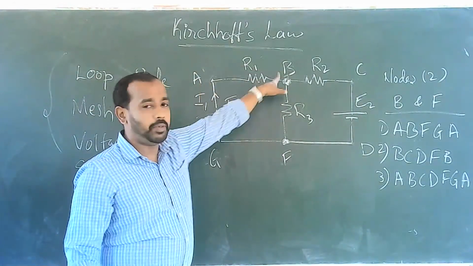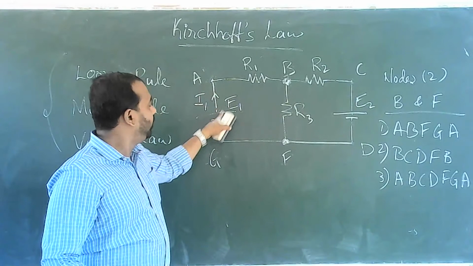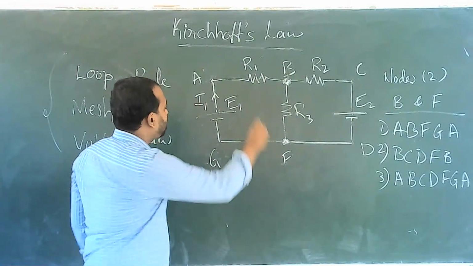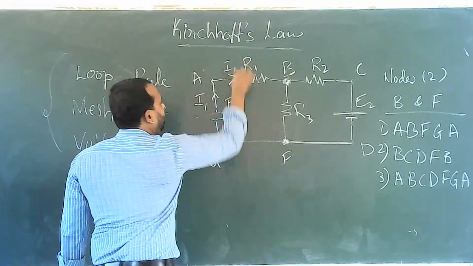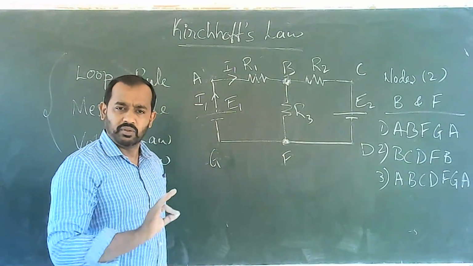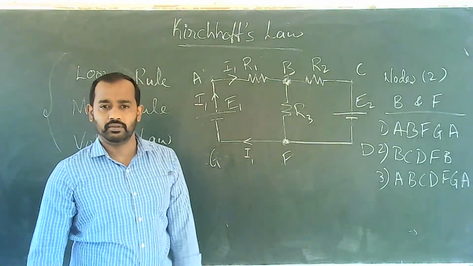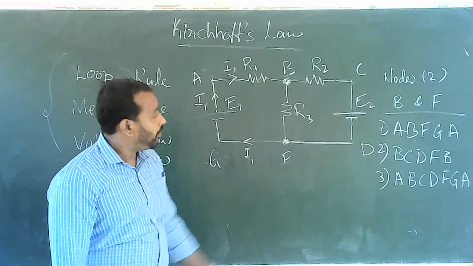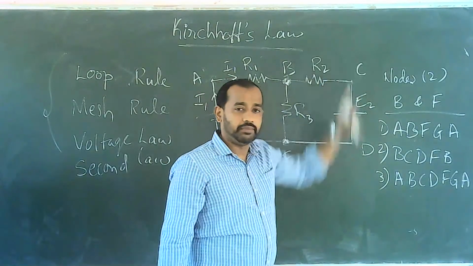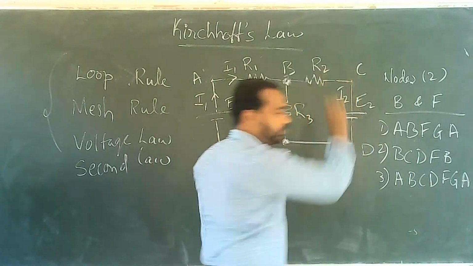Then, what is the value of current between A and B? Again, the same current, because there is no other path available. E1 and R1 are connected in series, so the same current I1 is flowing through R1 also. Between G and F, there are no components, so again the same current I1. Now, for the branch B to C, I will represent the current as I2.